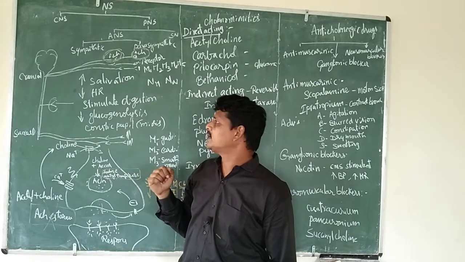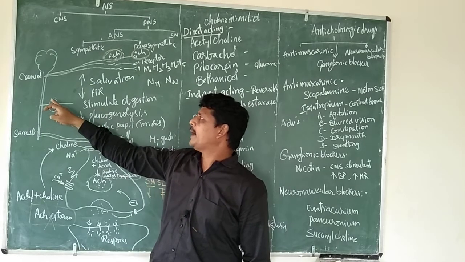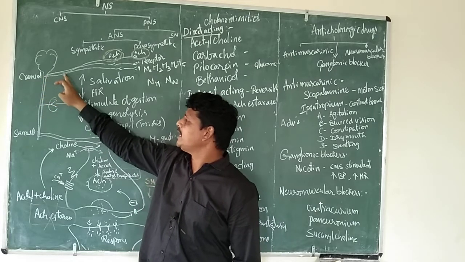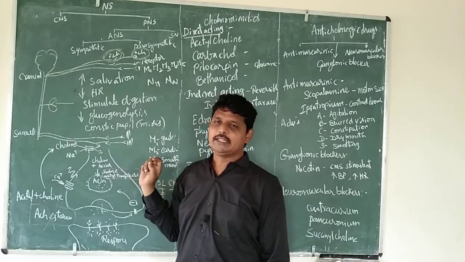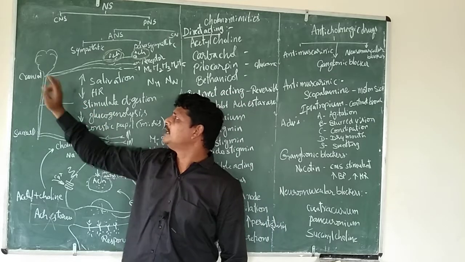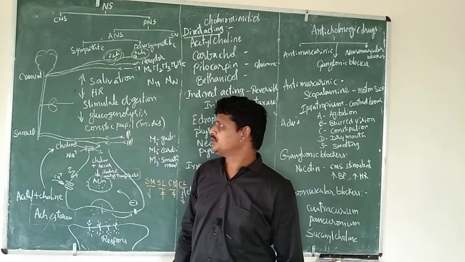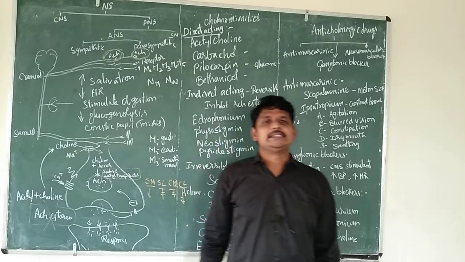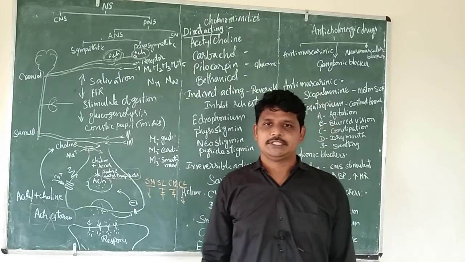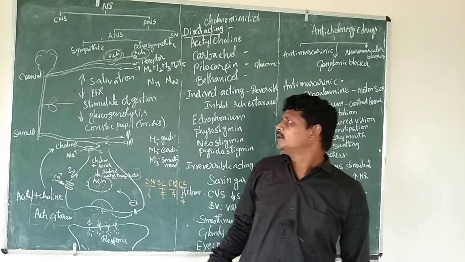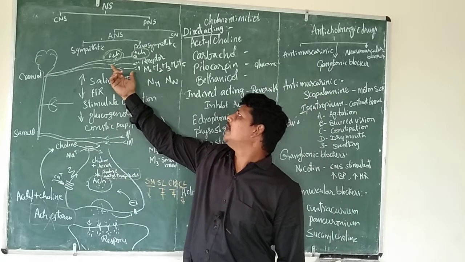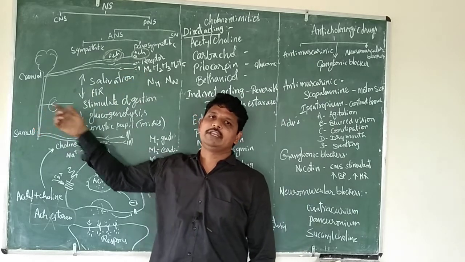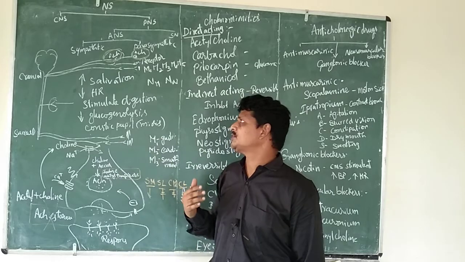The parasympathetic nervous system originates from the cranial and sacral regions; the nerves protrude from there. Acetylcholine is the only neurotransmitter present. The preganglionic and postganglionic neurons are situated far from the spinal cord. This is one of the differences between the sympathetic and parasympathetic nervous system.